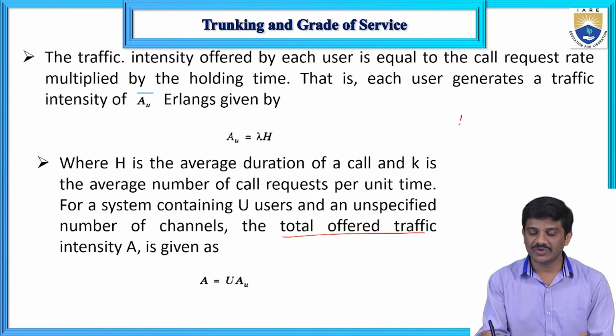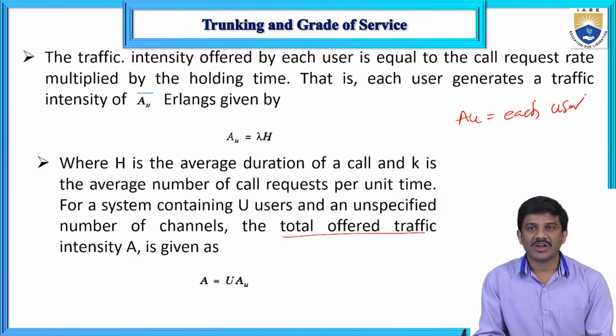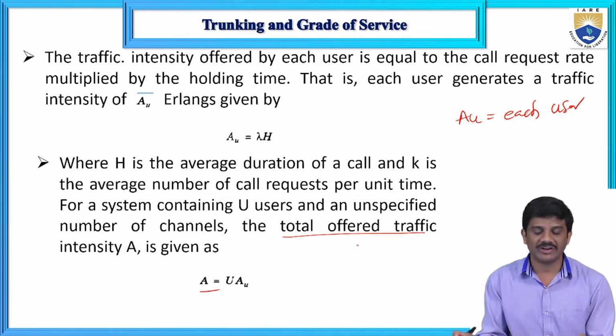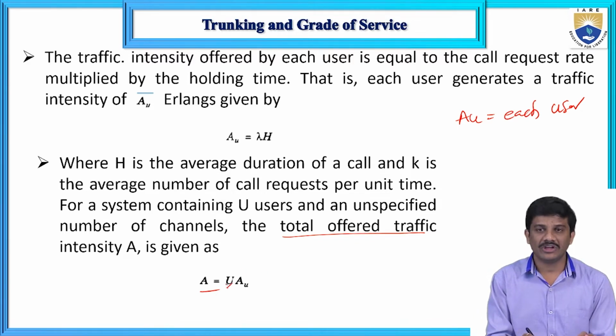Au is each user's traffic intensity. Coming to A, the total traffic intensity, A equals U into Au.